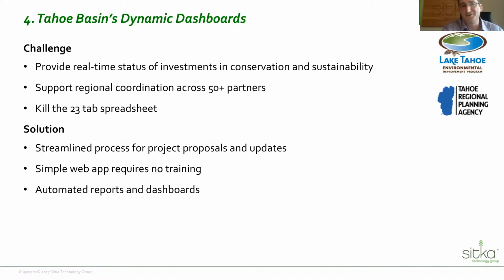The challenge, of course, also is to kill that 23-tab spreadsheet that I'm sure you guys have a few of out there that was actually the system of record for managing all this project information. And so the other goal we had in the solution was to do this in a way that didn't require any training, and then obviously to have all that information roll up and feed automatic reports and dashboards.